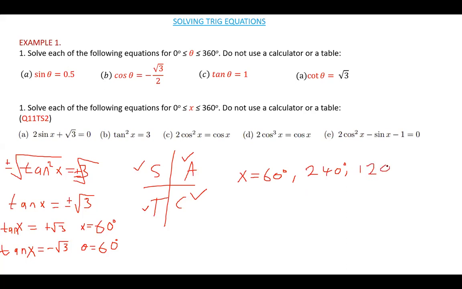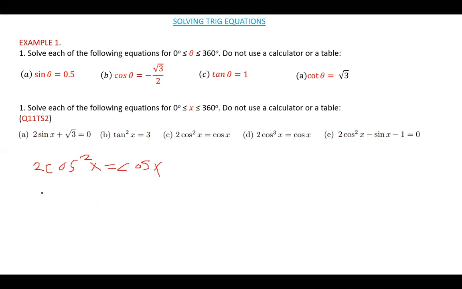Yeah. And then apart from that, in the fourth quadrant, you're going to have your 360 minus 60, meaning you're going to have 300 as your answer.